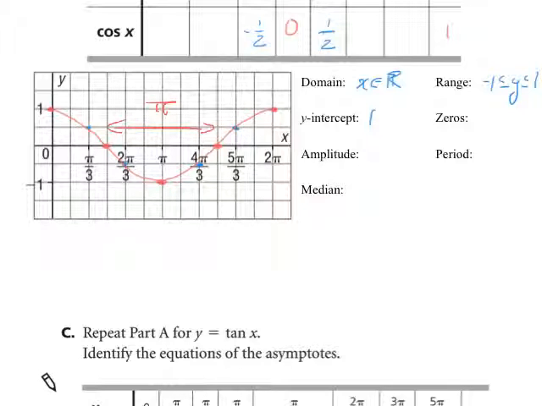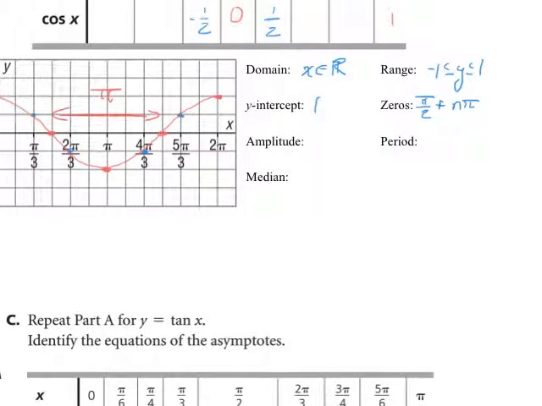And so again, every 0 will be separated by pi, but this time we'll need to write down that our first 0 happens at pi by 2, and then we can add multiples of pi to that. So this is a plus sign. And as before, we'll say that our n value needs to be an integer.